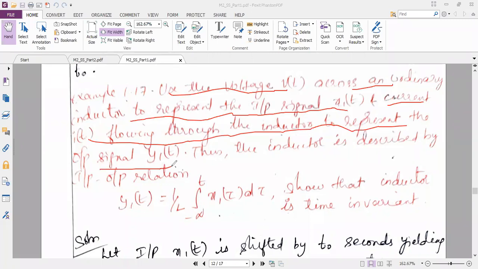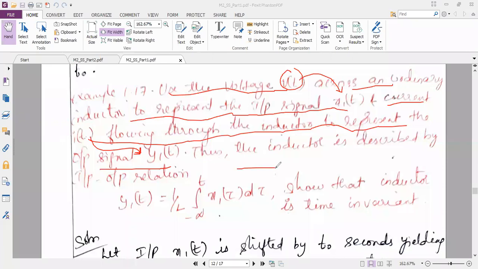So from the question, can I map the voltage is equal to the input signal x1 of t and the current is equal to the output signal y1 of t. So that only they have mentioned in the question. So your input is voltage, the output is current.